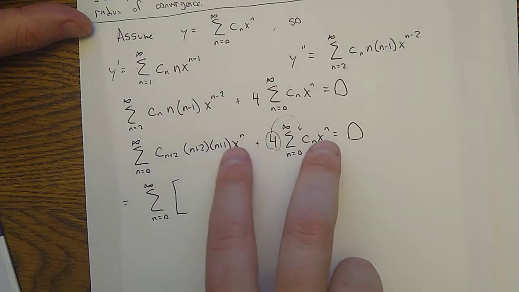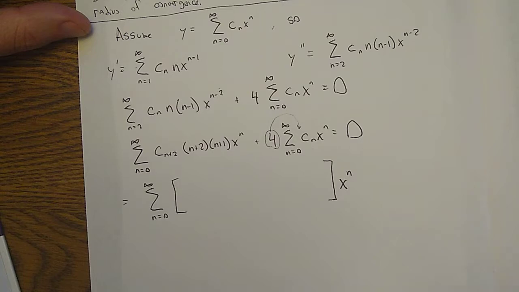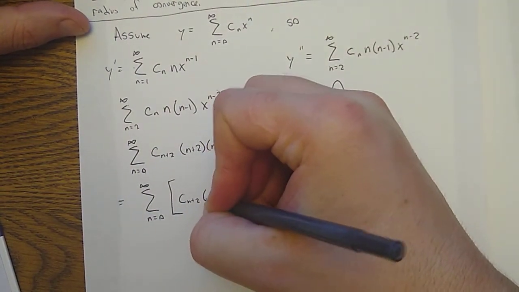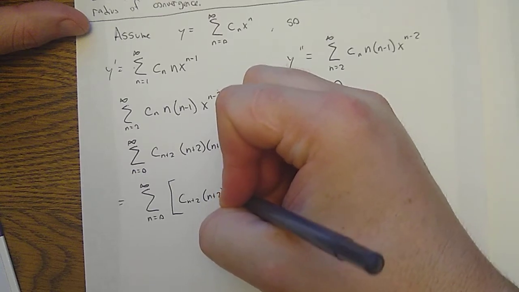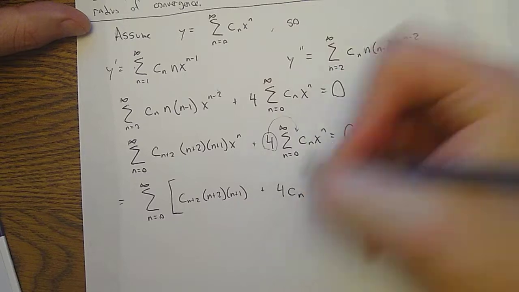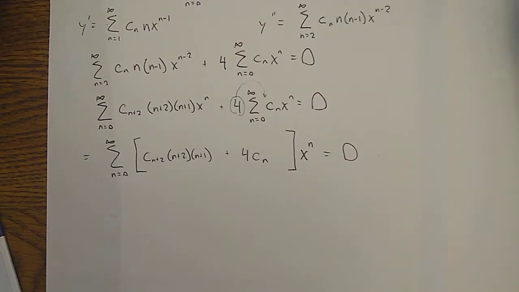Let me just notice both of these have an x to the n, so I'm going to factor x to the n out of this. Other than that, I have c sub n plus 2 times n plus 2 times n plus 1 plus 4c sub n. And this is still supposed to equal 0.